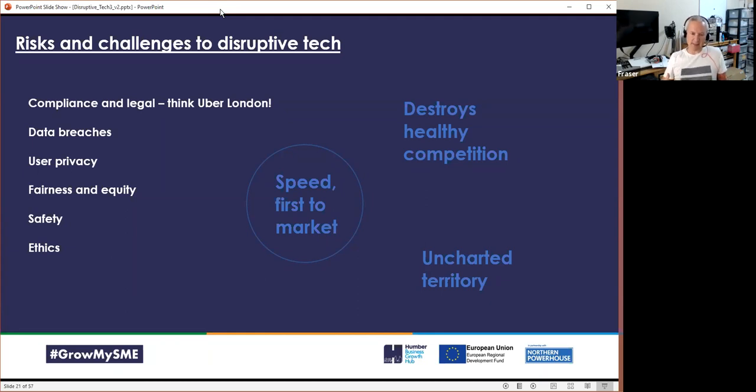Policy making tends to be behind the curve when it comes to disruptive tech. You just think about drones and how we didn't have any real legislation about flying drones across airports and so on. There are things which are behind the curve. So you need to really think about the ecosystem of disruption.